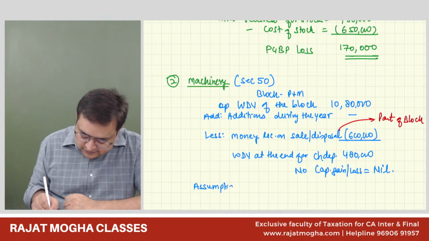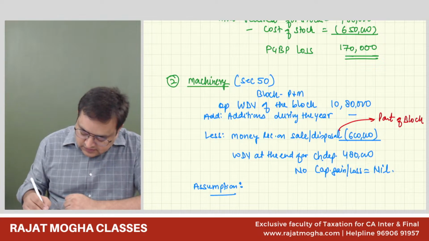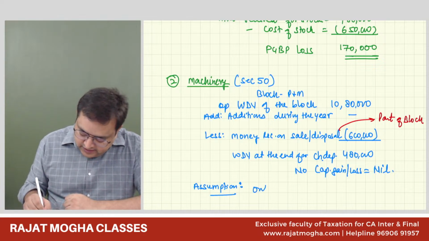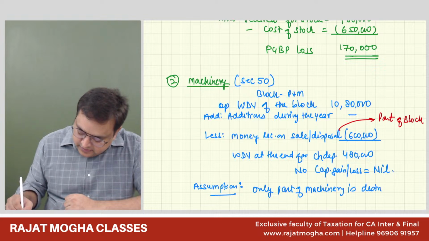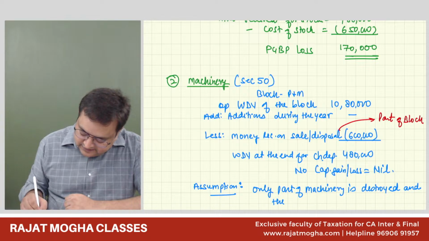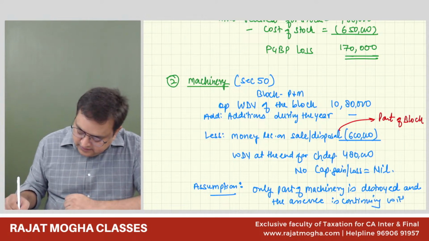That assumption was that only part of machinery is destroyed and the assessee is continuing with the remaining.